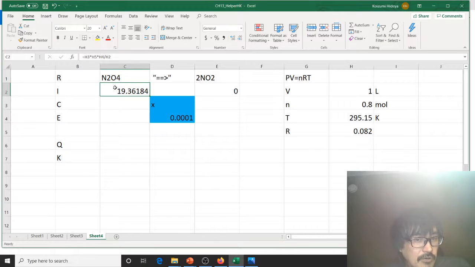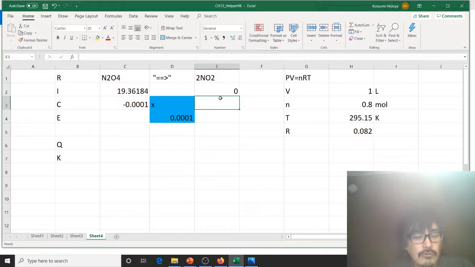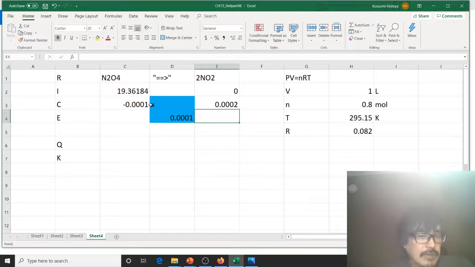Because it's going to be forming the product. So this is going to be minus x. Oops, I should probably put equal minus x. And then I'm going to form two of these guys, so 2 multiplied by that one. Every time I lose 1, I'm going to make 2, right?